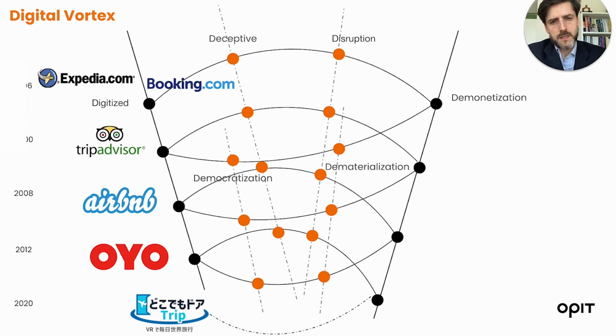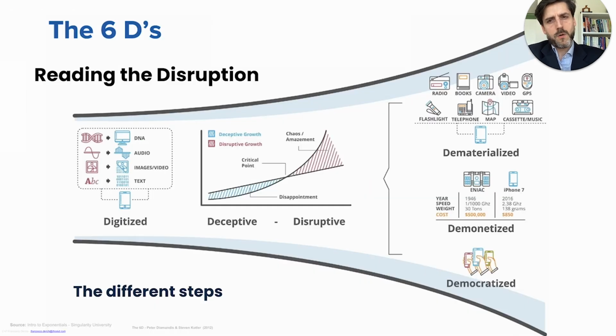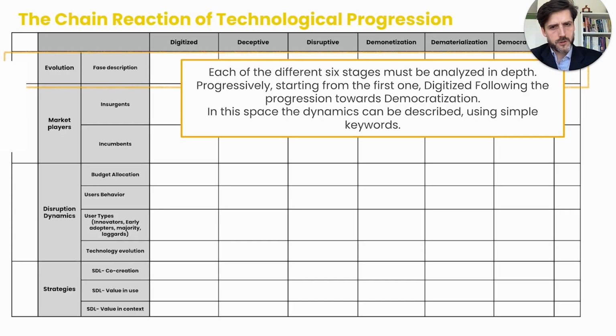So for this reason, like we have previously seen, now we're going to look into the model, trying to connect the dots. The model refers to the 6 Ds. And so the 6 Ds are confirmed as the progressive logic. And in fact, each of the different stages now will be analyzed in depth, progressively, starting from digitized towards democratization.